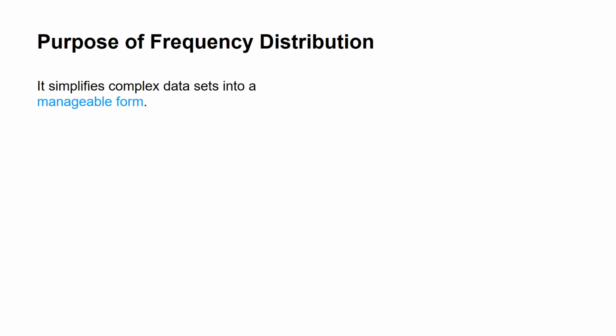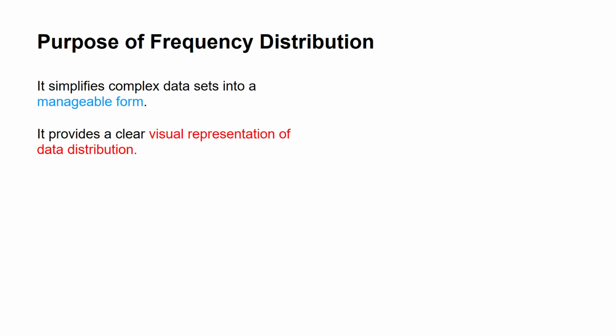The purpose of frequency distribution is that it simplifies a complex data set into a manageable form. Sometimes you can have a complex data set that you cannot even understand and interpret. But it is the work of the frequency distribution to simplify the complex data set into a manageable form that can be easily interpreted.